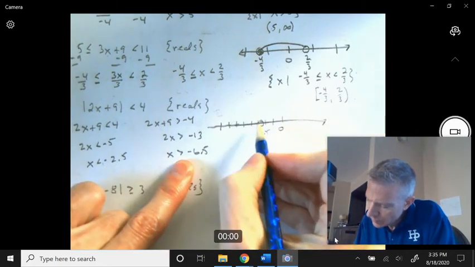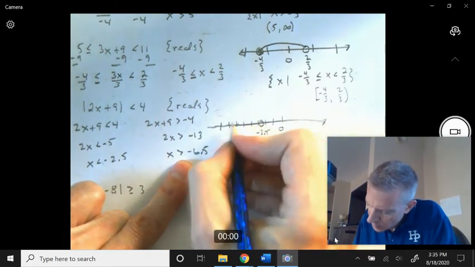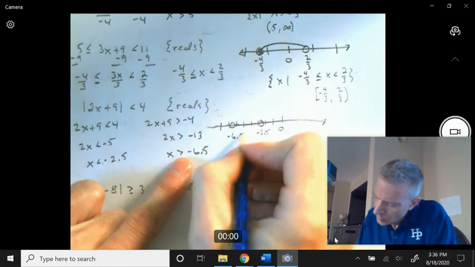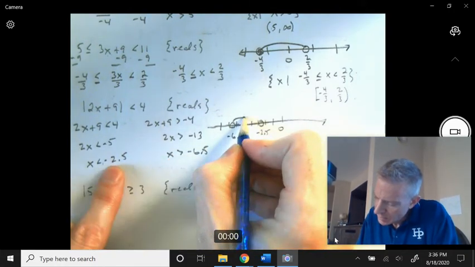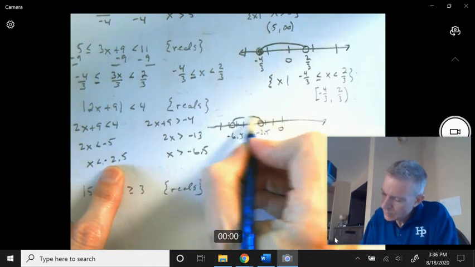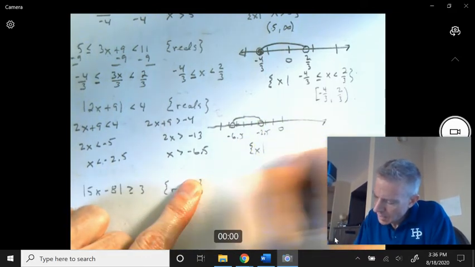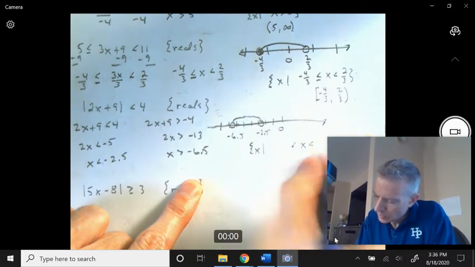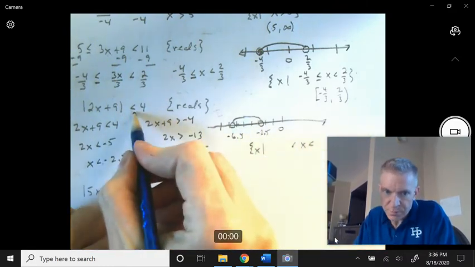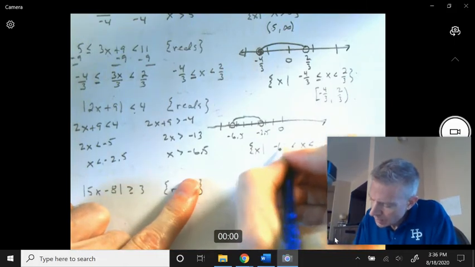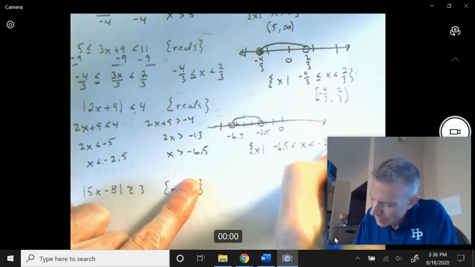Negative 6.5 down here. Greater than negative 6.5, less than negative 2.5. So the set of all x such that x is between, notice we're not including them, they're open circles, negative 6.5 and negative 2.5.